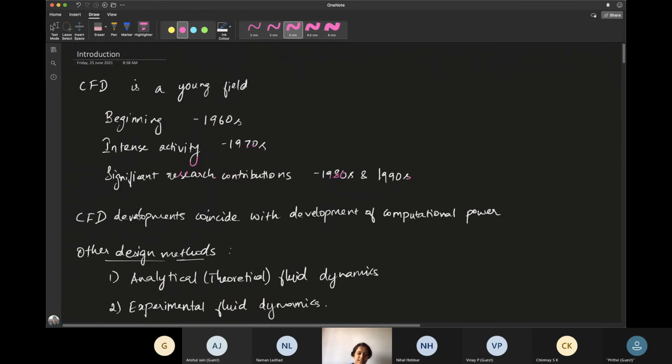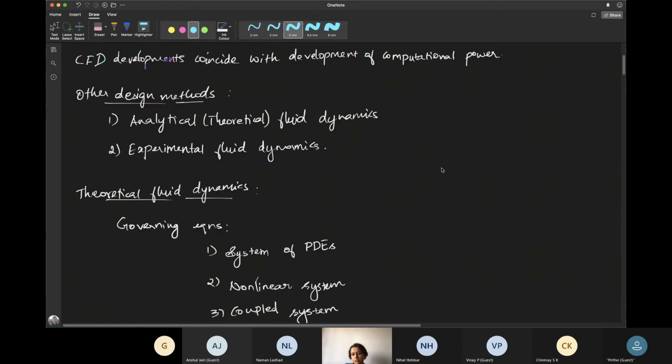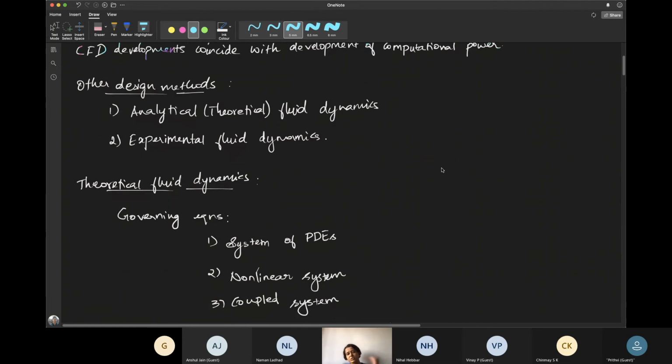When you say research contributions, people developed numerical methods to solve some specific type of problem. That happened in the 80s and 90s. This development of numerical methods coincided with the development of computational power. As and when we had more computational facilities, we started developing more CFD algorithms to solve different problems.